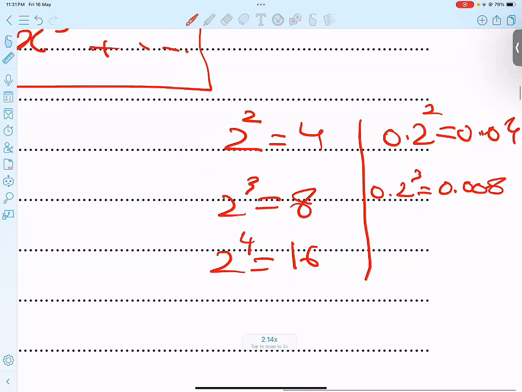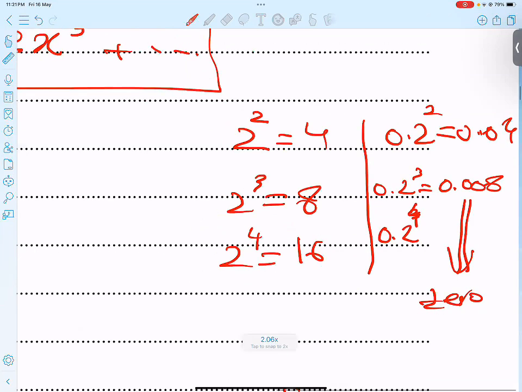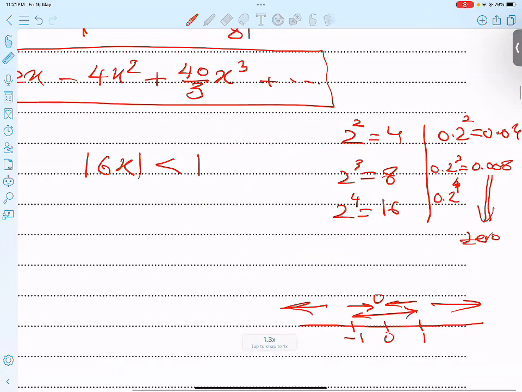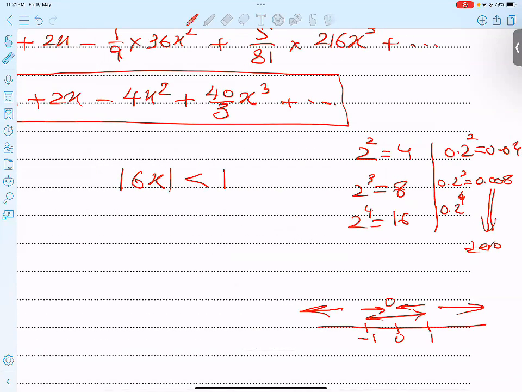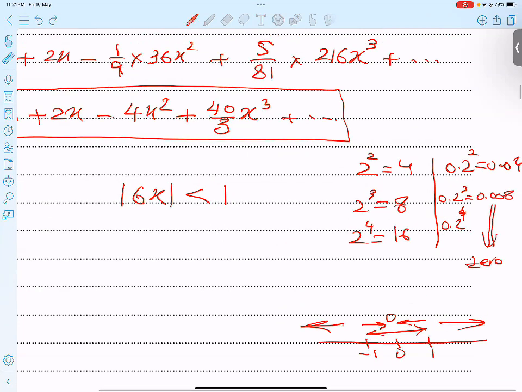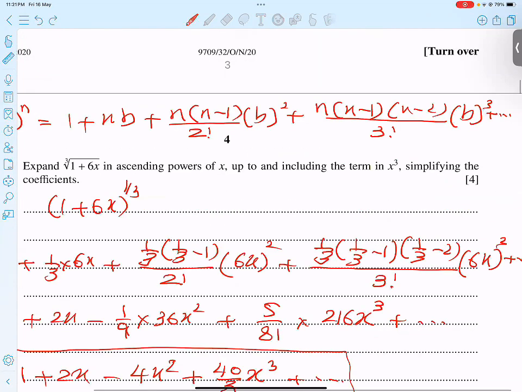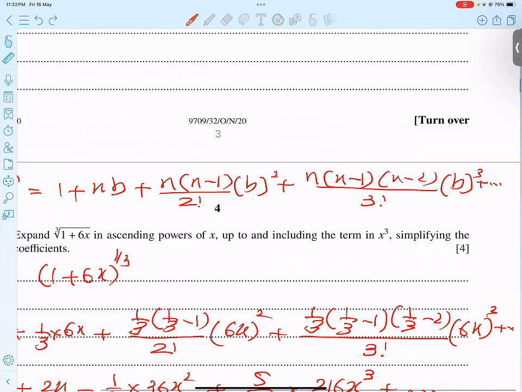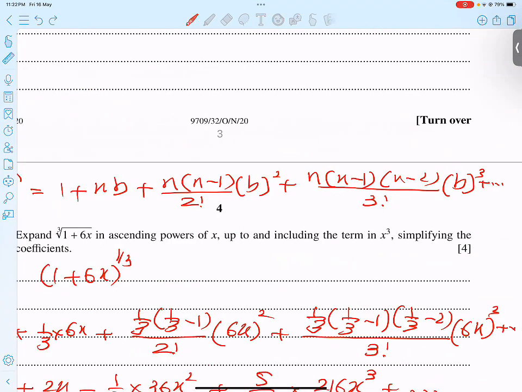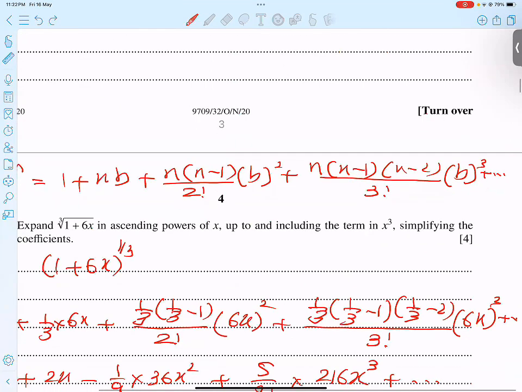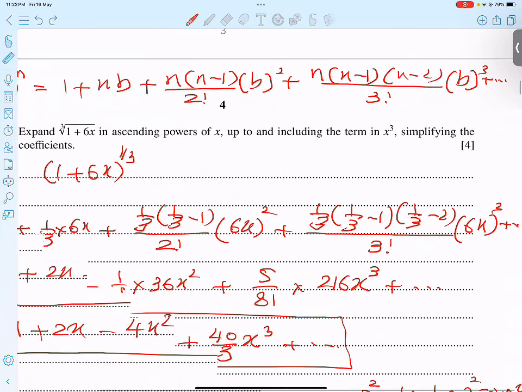It means if I take higher powers, this number approaches 0. That is why this validity is possible, because when you approach 0, those values can be neglected. And that is why he never asks you for powers higher than 3, because he knows that if we continue further we approach 0, and that will not affect your answer.